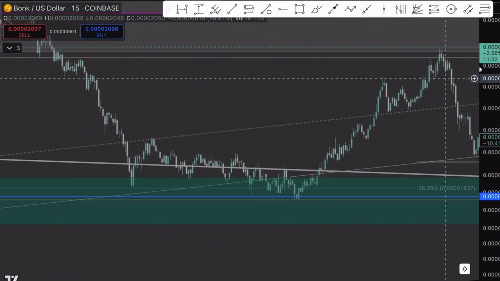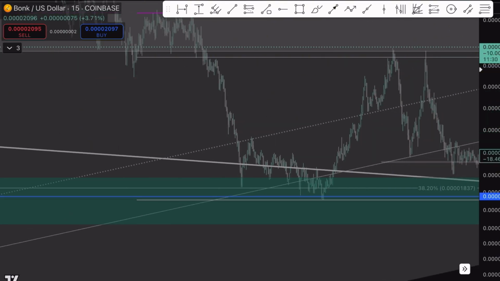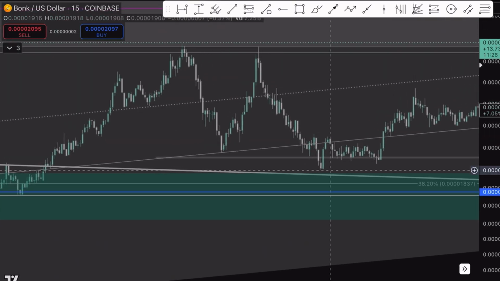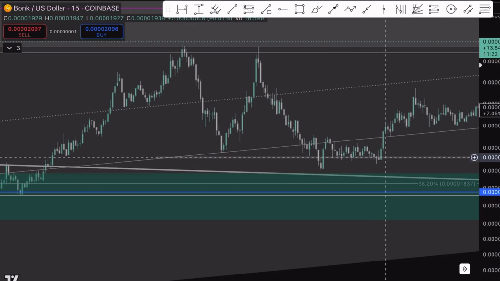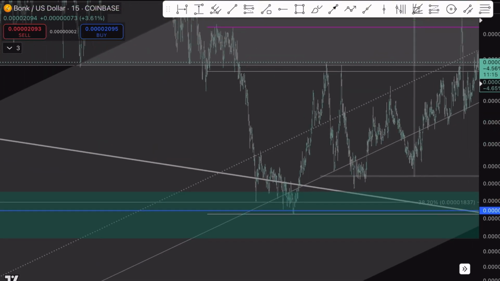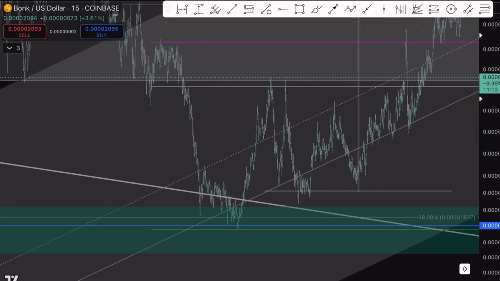And came up to here, and when it came back and it bounced and it never came back down here, that's when I knew it was my signal to go in. So I let this down here in this area be my potential stop area.